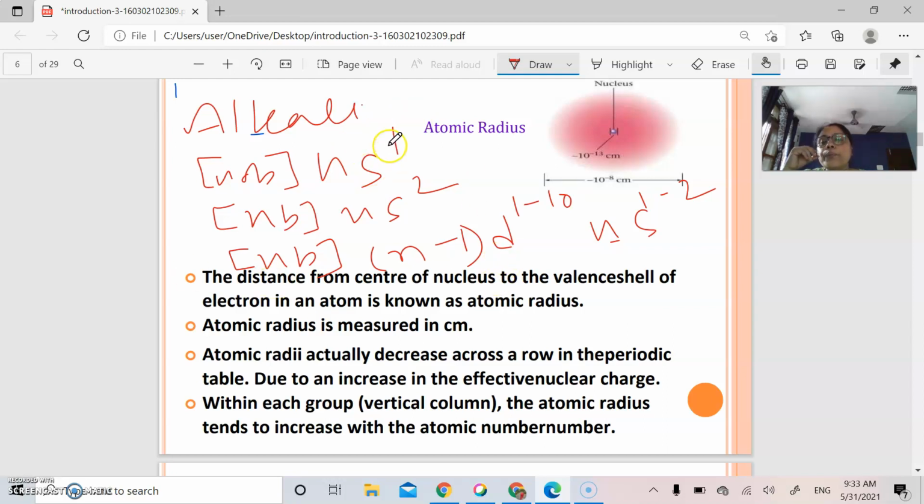This means that compared to alkali and alkaline earth metal, the d electrons will offer shielding, and the nucleus cannot attract the outermost electron effectively, and this will lead to an increase in size.